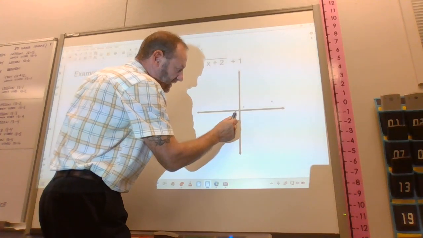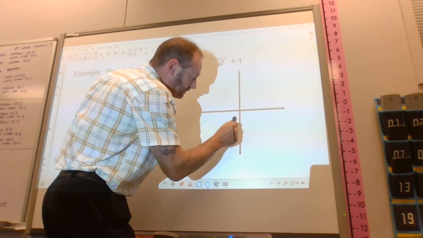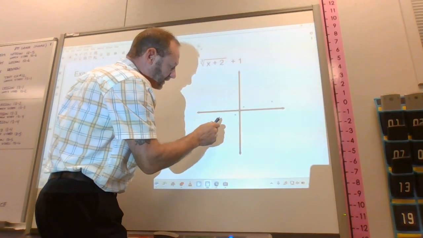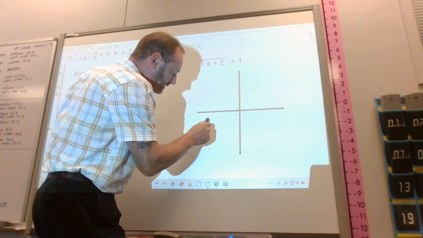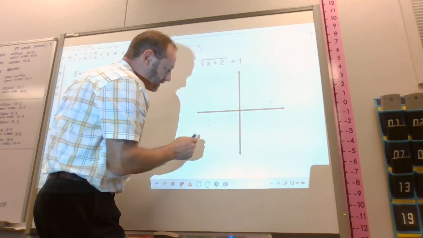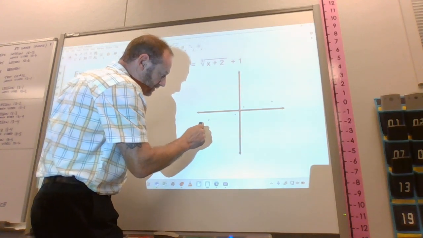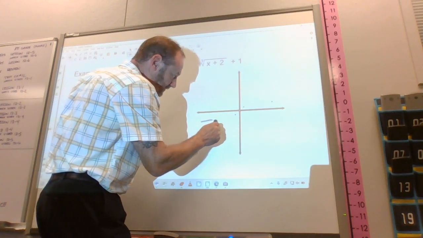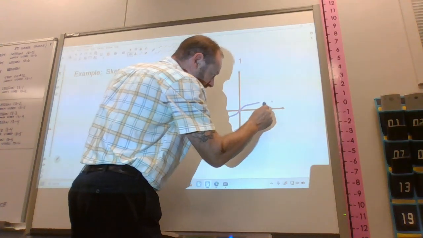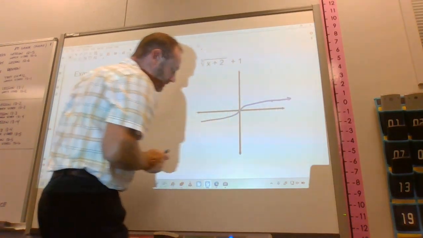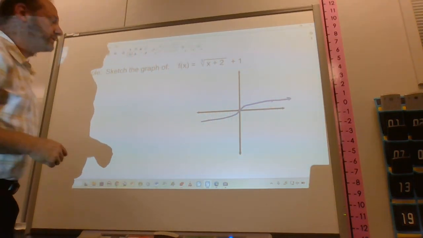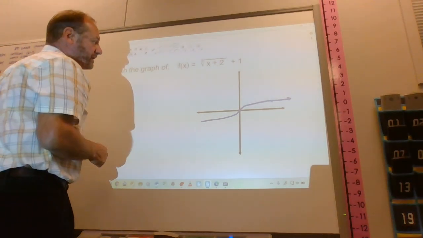We know the cube root of negative 1 is negative 1. We know the cube root of negative 8 is negative 2. So, my cube root's going to look like this. Okay, that's my cube root of x.